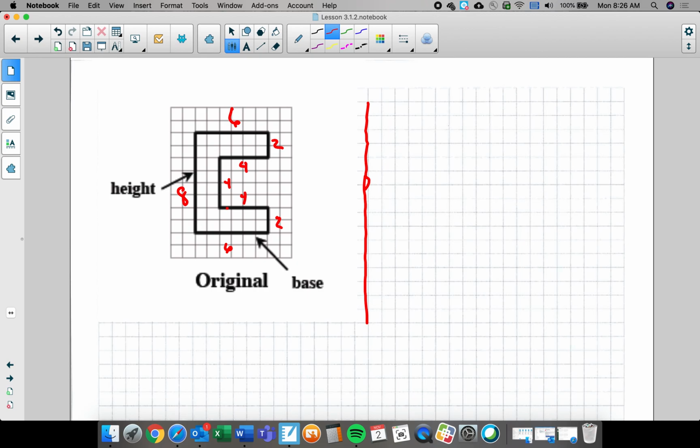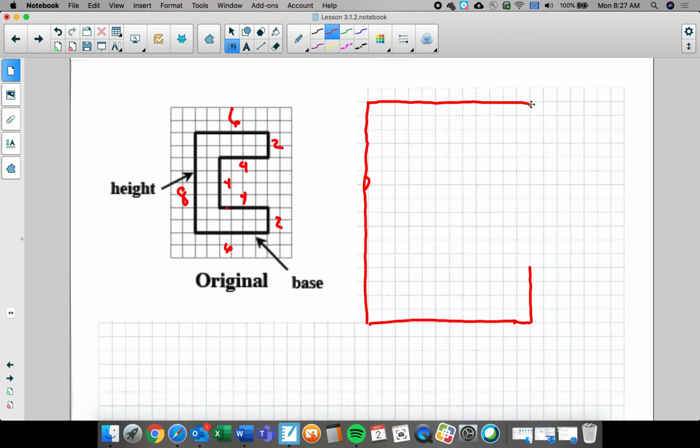The top and bottom then need to go from 6 to 12. So 1, 2, 3, 4, 5, 6, 7, 8, 9, 10, 11, 12. Same thing down here. I gotta go one more. Okay, then the next part, I'm going to go down here. Instead of that being 2, it now needs to be a factor of 4. 1, 2, 3, 4.